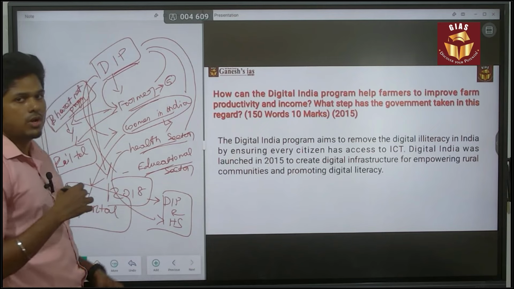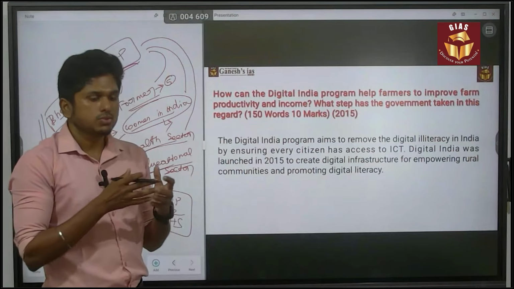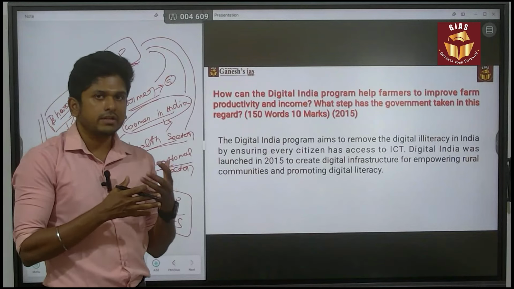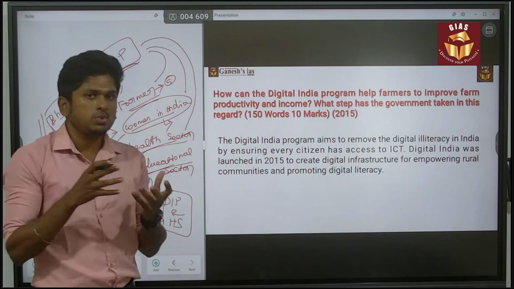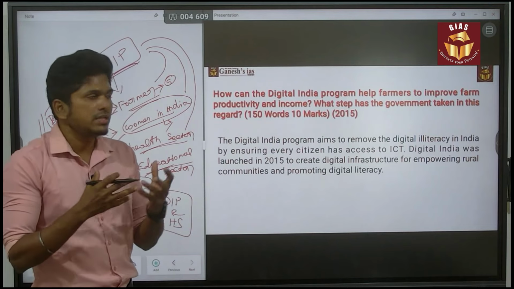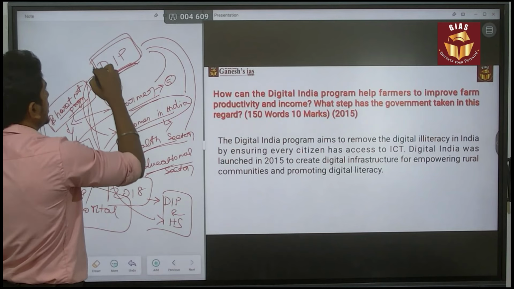In that way you have to prepare an answer for every possible question. If you have a considerable amount of data with you, then it is easier to face a question that asks about a scheme connected to any sector.